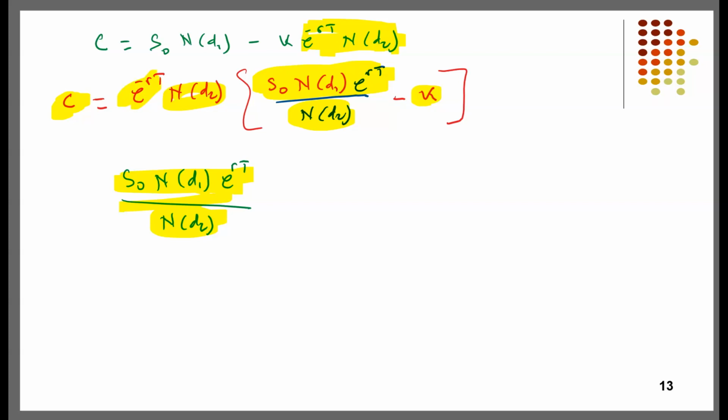Some just use this expression as it is here, others prefer to use what we have up here. And they are identical. The second expression simply helps in explaining clearly what the role of ND1, or that probability, is.